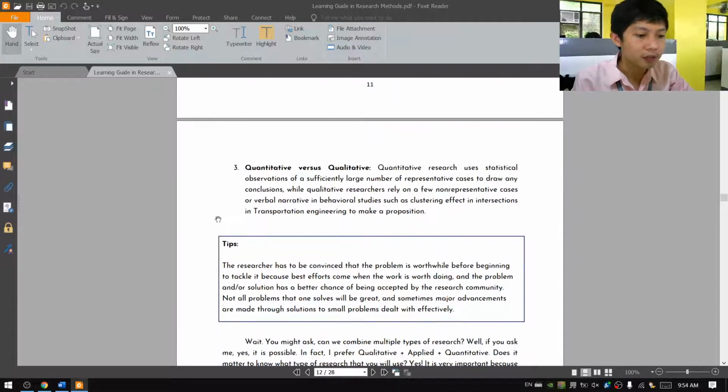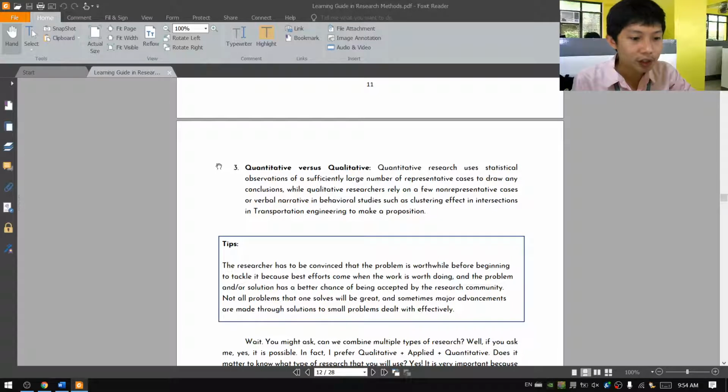Now, quantitative versus qualitative. Quantitative uses statistical observations to draw conclusions. If you remember your EDA, quantitative research is more on drawing conclusions: are they statistically correlated, is there a regression between the two, or are they acceptable to a certain degree.